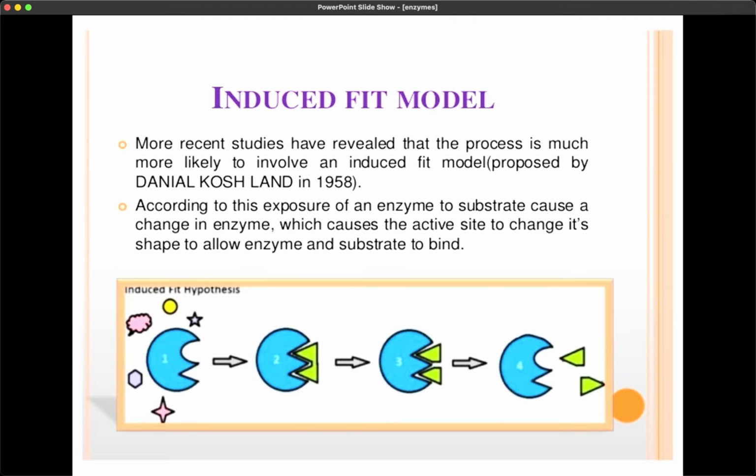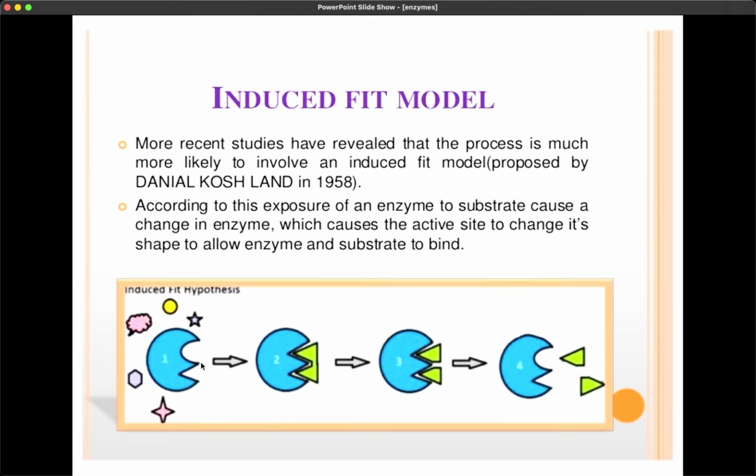Breaking it down, in the previous model we said that the active site won't change, so only a substrate of that shape can bind there. But in this case the substrate's presence will change the conformation of the enzyme structure. If a specific substrate comes nearby an enzyme, the active site just changes according to it. So the active site is not rigid, it is flexible, and then that new substrate can bind to it and undergo the reaction.